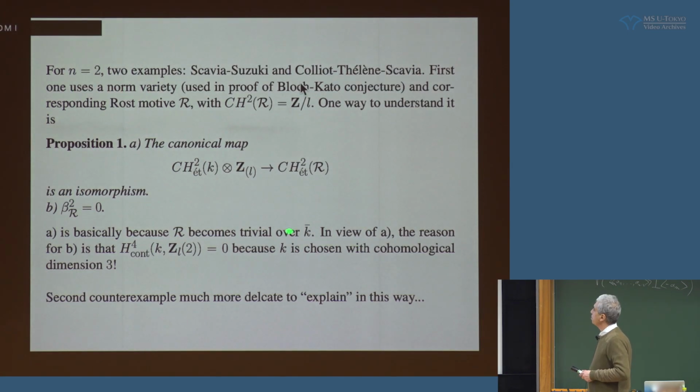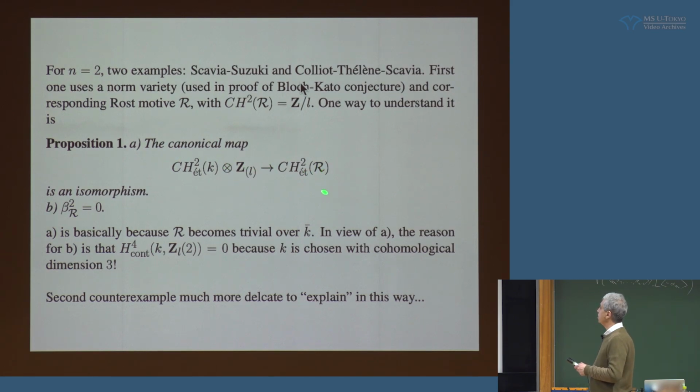The cycle class map of this is 0 when the base field is well chosen. And what happens is that first, if you take étale-Chow groups, then étale-Chow groups don't see this Rost motive. Here I have localized at L. This is not Z_L, it's Z localized at L. And the Rost motive lives in Chow motives with these coefficients, so I don't need to put it here.